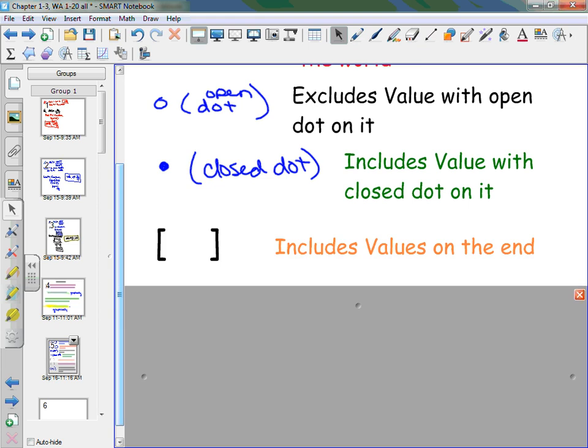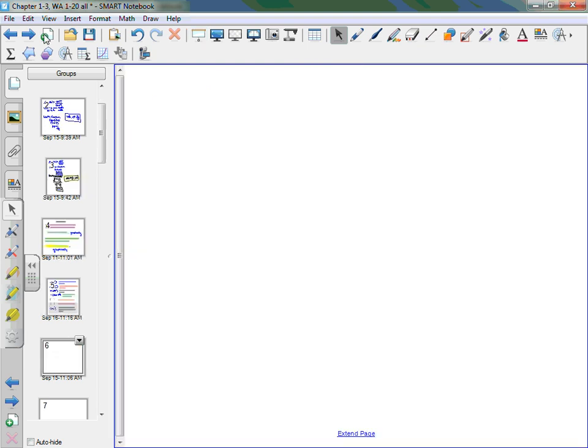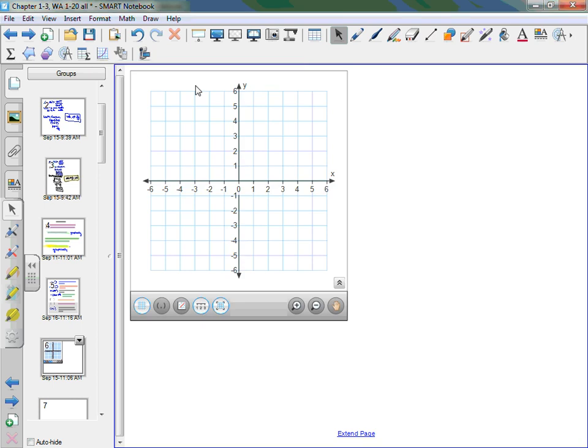Get it? You got it? You're confused? For example, if I was graphing something right here, and I put an open dot here, that means that it excludes that point right there. There's a hole.